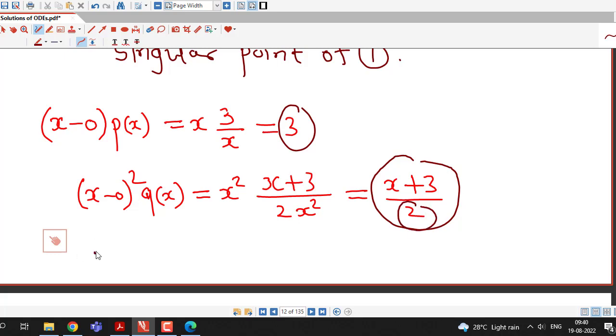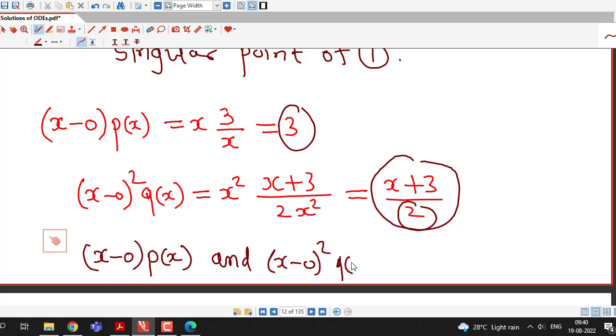So it is obvious that (x−0) into p(x) and (x−0)² into q(x), we are checking at 0, are analytic at x equal to 0.